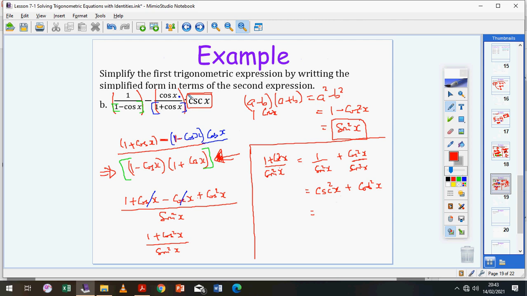So I can replace cotangent squared x with cosecant squared x minus 1. So my final answer is 2 cosecant squared x minus 1.